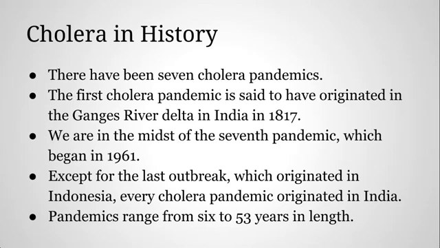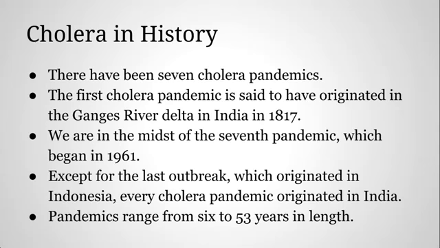So there have been 7 cholera pandemics beginning in 1817, when the disease was spread from India on trading ships, crew members, and infected cargo. Except for the very last outbreak, which began in 1961, all of the outbreaks originated in India, which is interesting.